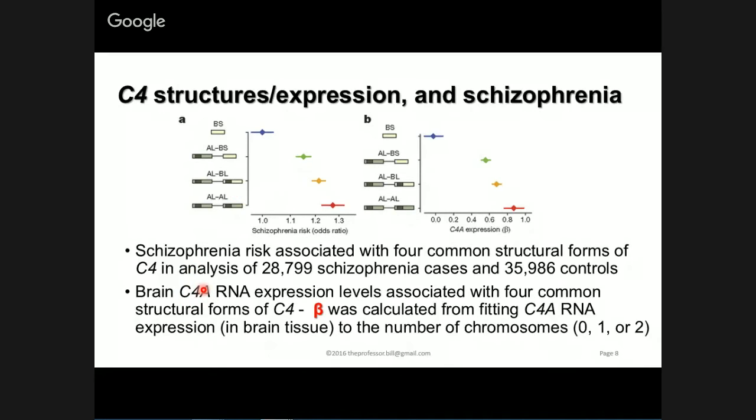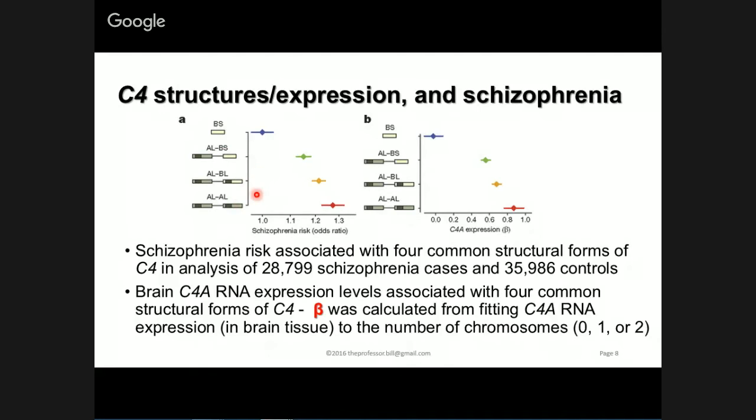of these different individuals, and we went back and we tried to map in individuals that have schizophrenia, when we look at the RNA levels in individuals with schizophrenia, what is the overall likelihood that individuals with schizophrenia are going to have the AL or the C4A long form that causes schizophrenia?